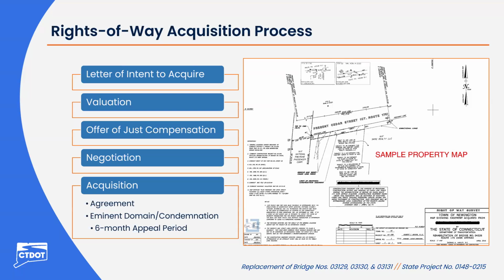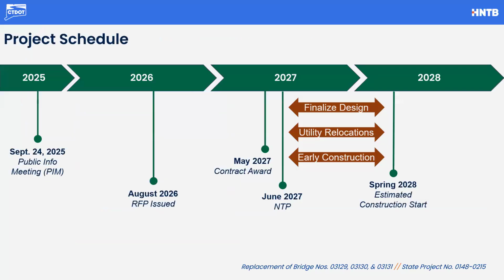As we start down the home stretch of this evening's presentation, I want to review some of the key schedule milestones for the project. So here we sit tonight, September 24th, 2025, for the public information meeting. We're currently scheduled to issue the request for proposals, or RFP, to shortlisted design build teams that are interested in submitting on the project in August of 2026.